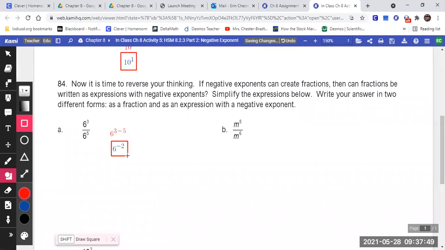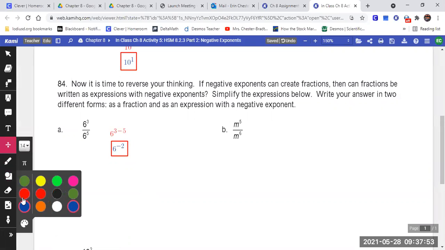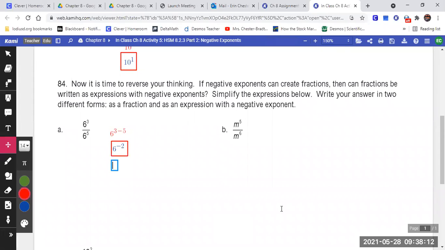There's one of my answers, but they also wanted the final answer as a fraction. So how would I write this 6 to the -2 as a fraction? Remember, the negative exponent says reciprocal the number. What's the reciprocal of 6?